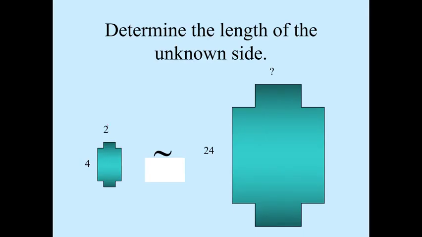How do we get from 2? Let's look. We've got 4 to 24, and these are similar, so they need to be proportional, right? If it helps you, you can set it up as a proportion.